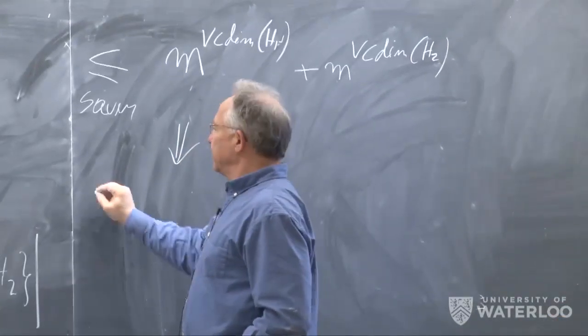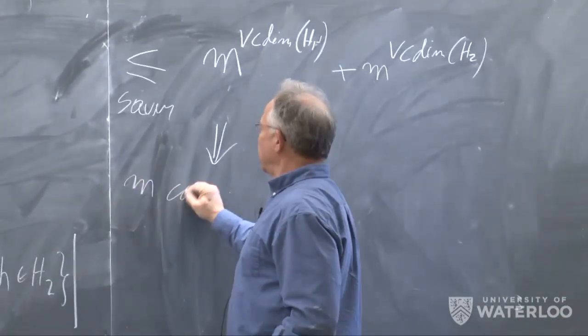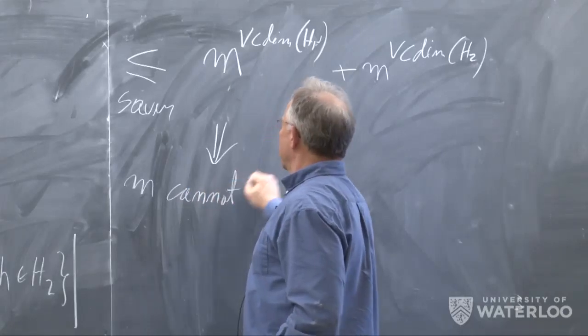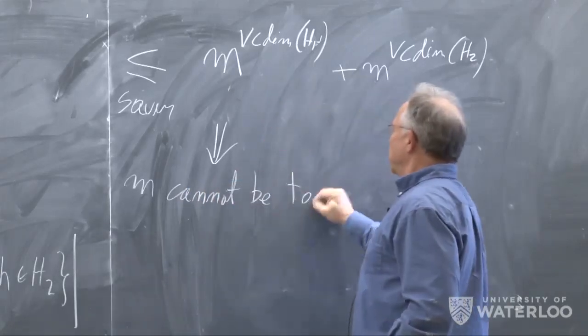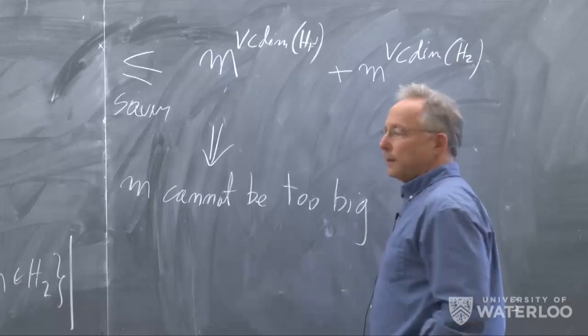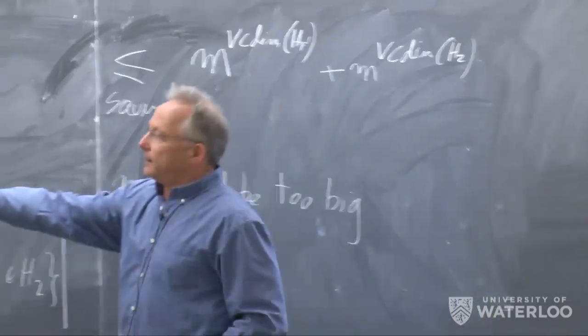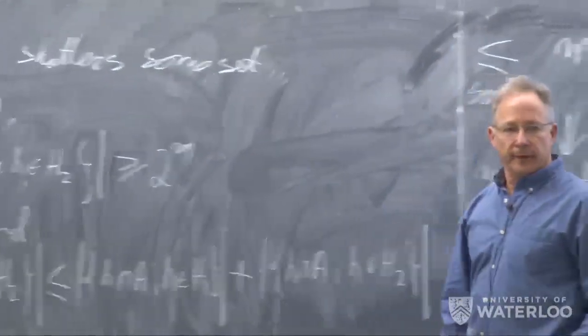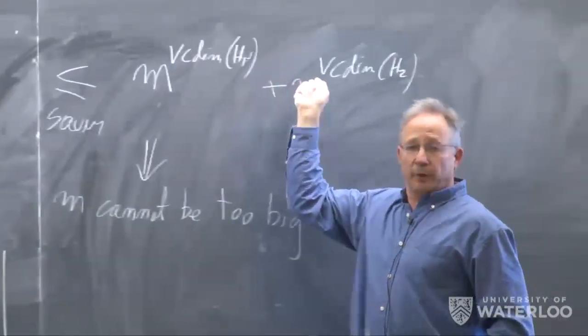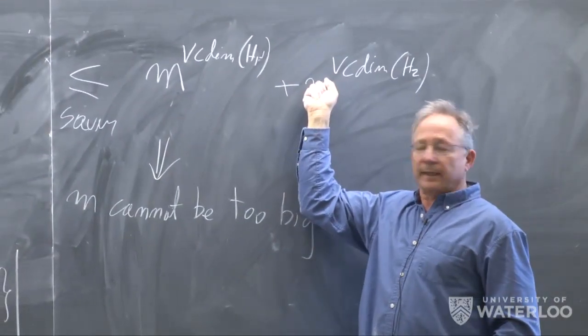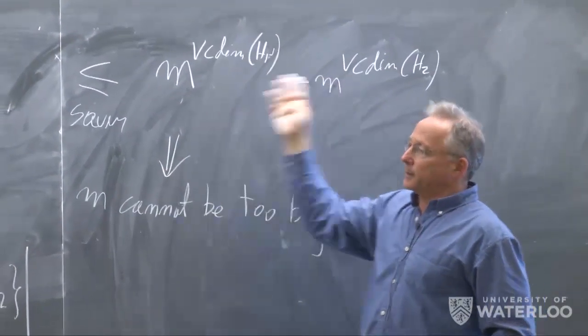The conclusion is that M cannot be too big. Because for big M, this grows exponentially, but this is just a sum of two polynomials. So for big enough M, this will be smaller than this.